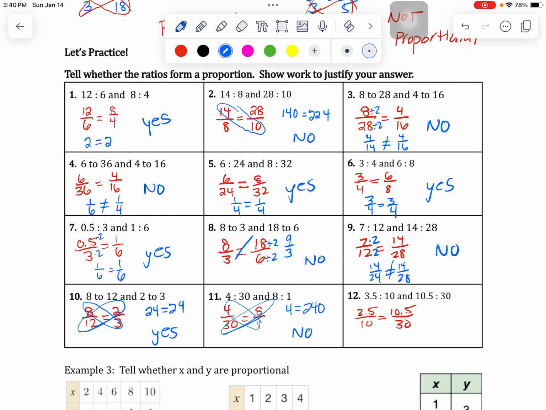I'm going to cross multiply here. So 3.5 times 30 is 105, and then 10.5 times 10 is also 105. So this one is proportional.